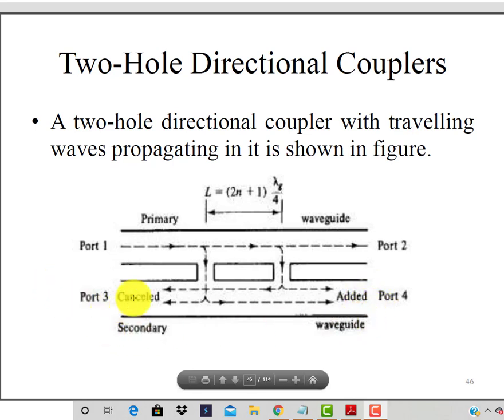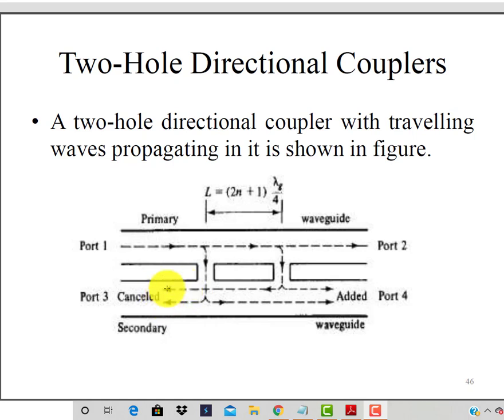Now if we observe the power at port 3, with respect to hole 1 the signal enters directly into port 3, so its phase is 0 degrees. The signal coming from hole 2 has a path difference of (2n+1) λg/4 plus (2n+1) λg/4, which is a distance of λg/2.